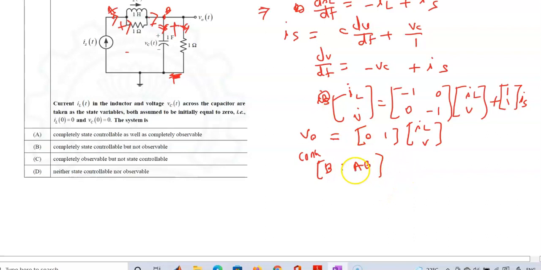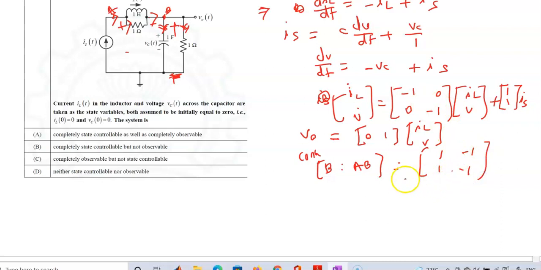Or you can say the rank is 2, because it is a 2 cross 2 matrix. So here B is 1 1, and A multiplied with B gives minus 1, and this is also minus 1.